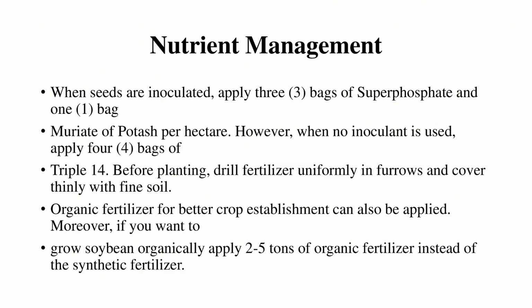Before planting, drill fertilizer uniformly in furrows and cover thinly with fine soil. Inorganic fertilizer for better crop establishment can also be applied. Moreover, if you want to grow soybean organically, apply 2 to 5 tons of organic fertilizer instead of synthetic fertilizer.